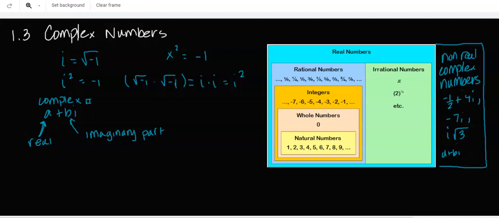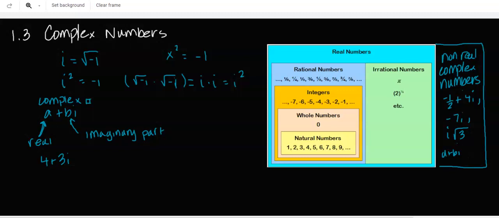So if b is not 0, then we have something like 4 plus 3i. That's a non-real complex number. 4 would be the real part, and 3 is a coefficient for the imaginary part. If a is 0, then I just have a straight imaginary number. It's just purely imaginary. It's a pure imaginary number.